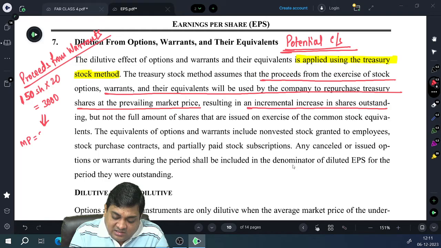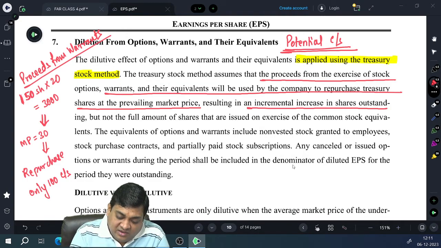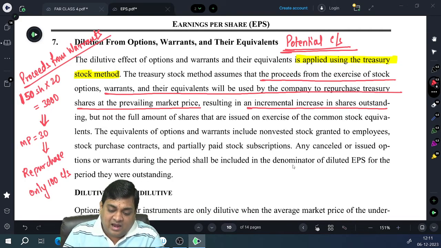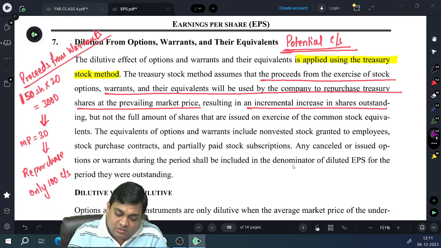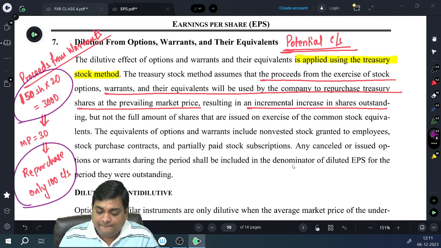Suppose the market price is 30 rupees. So with this I will be able to repurchase only 100 common stock. So for 150 shares they have collected money from investors, and with this money they will only be able to buy 100 common stock, right? So they have taken money for 150 and are only able to repurchase 100. So as a result, the incremental number of shares are increasing, right? This is how you show the treatment, right?